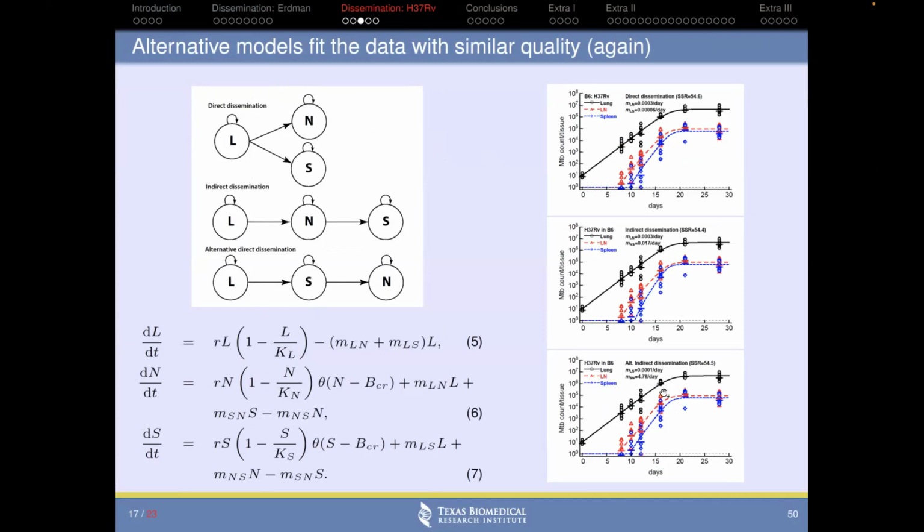Even from this much better data, and you can see the model fits are impressive, in my opinion, we can describe the data very nicely, but we cannot tell which is the right model. If you look at SSR, the sum of squared residuals, how much the model deviates from the data, they're about the same, almost no differences.